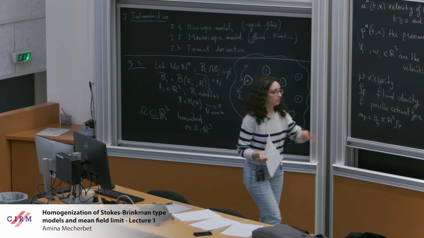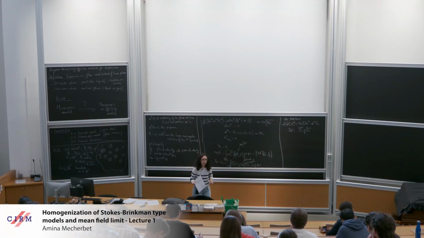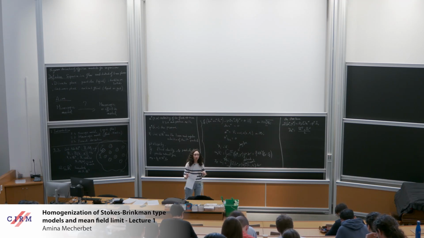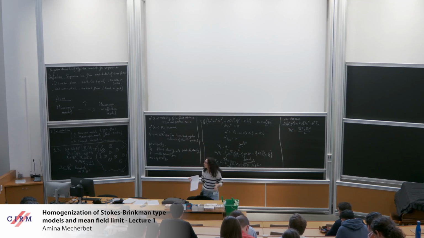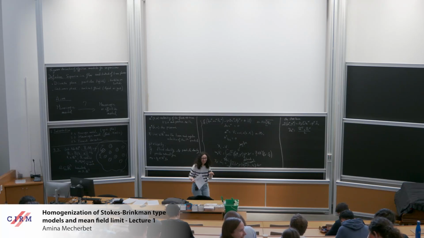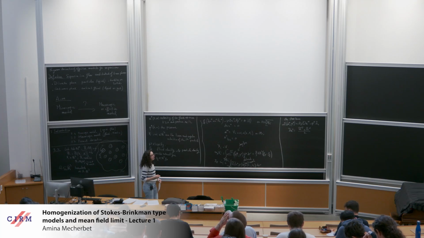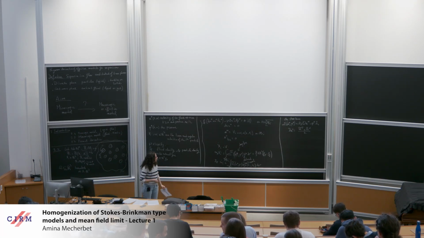So the problem is well posed. But when they touch each other, do you have a reflection condition between the particles? It's kind of problematic if they touch because the model is not really defined. The whole point of this course is that we will always try to avoid collision between the particles. This will come later. Thank you. I forgot to say that the particles do not overlap in this definition.